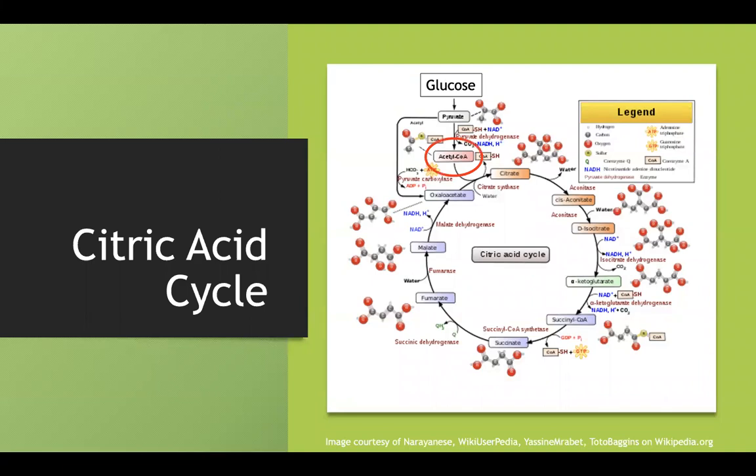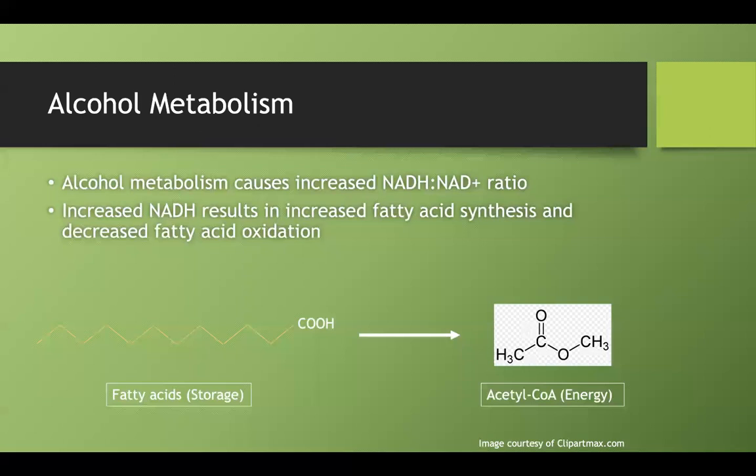This is an important compound to get this process started, to use it as energy instead of having it stored as fatty acids. So in order to do that, you actually need to convert an NAD plus into an NADH. We just noticed though from our previous mechanism of converting ethanol to acetaldehyde to acetate that we're going to have a huge buildup of NADH.